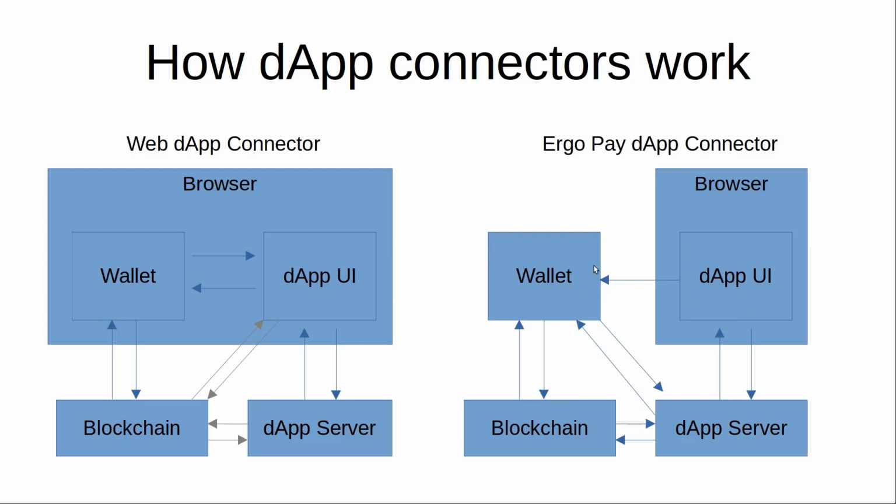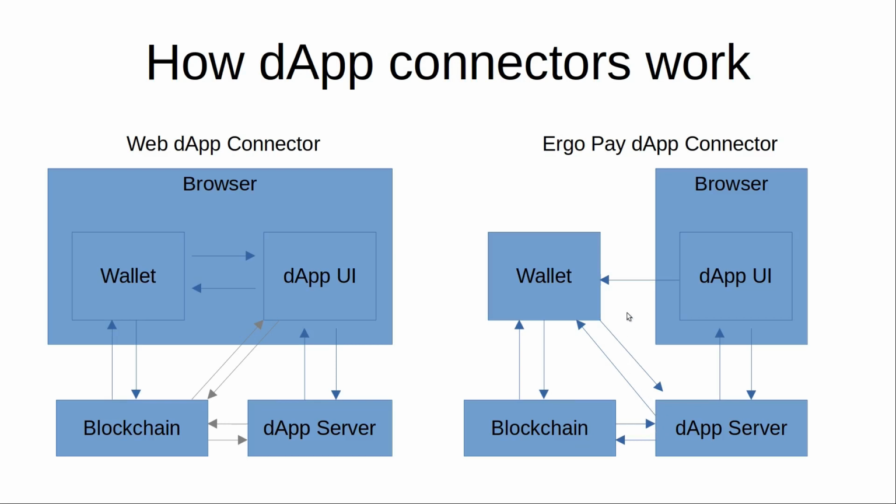This was the QR code I scanned or the button I pressed, and then the wallet application will make a request directly to the dApp web server and get a response about what has to be done, and this is different than with the web dApp connector. It already contains a completely built Ergo transaction. So the dApp server has to interchange data with the blockchain to build this transaction.